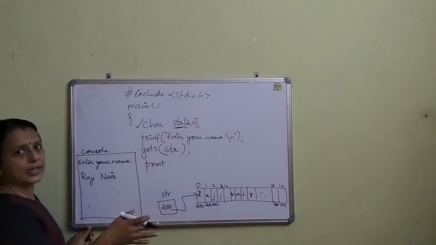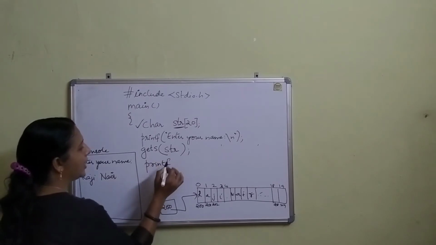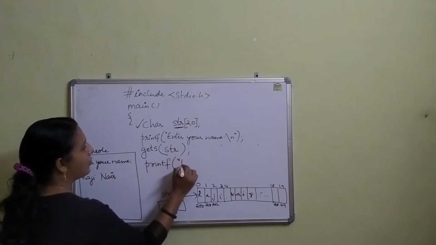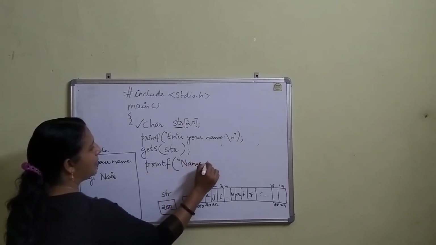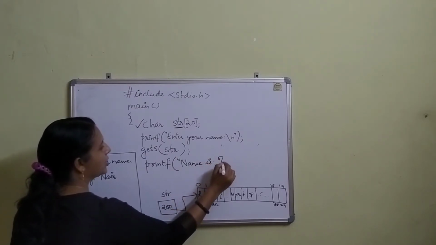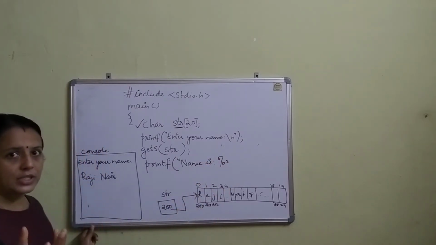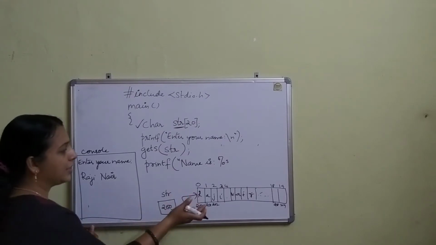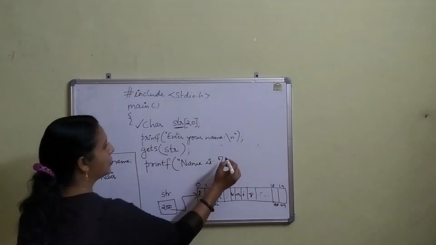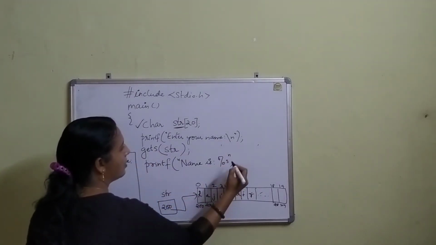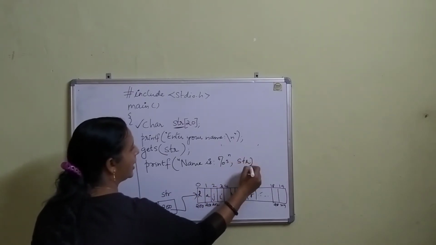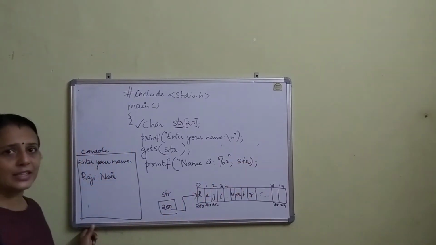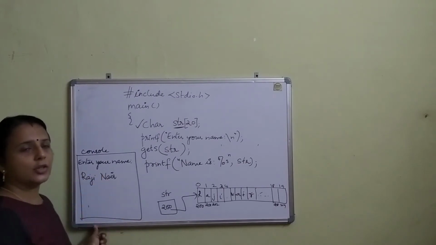You have to print it again on the screen. So you are again using the printf function, and you will be writing like this: Name is %s, for printing the characters from the character array. So you will be writing %s, comma, and you will be giving the name of the array from where you have to take the characters and print them on the screen.